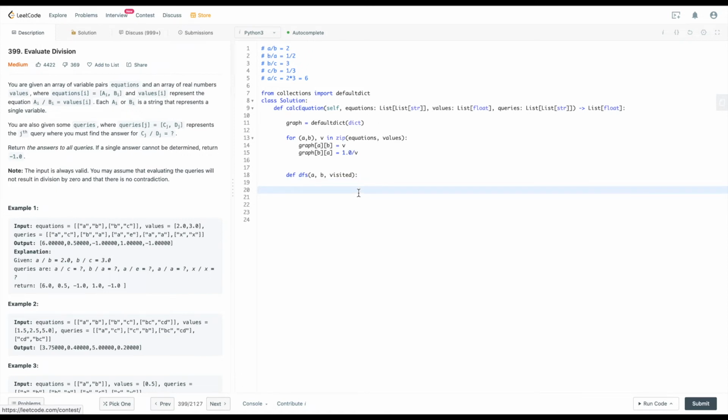So we can do some base check, something like A not in graph or B not in graph, return -1.